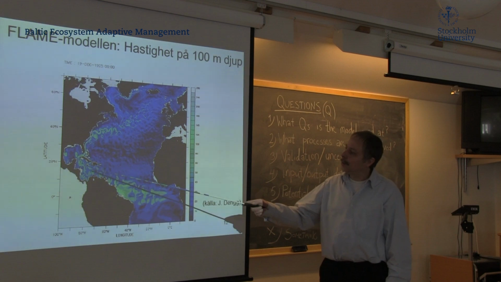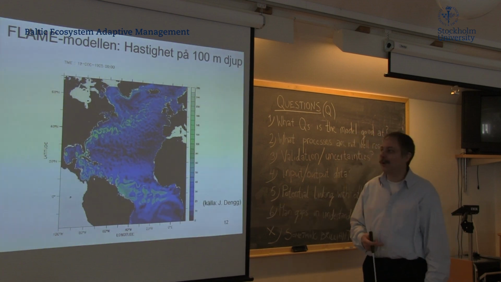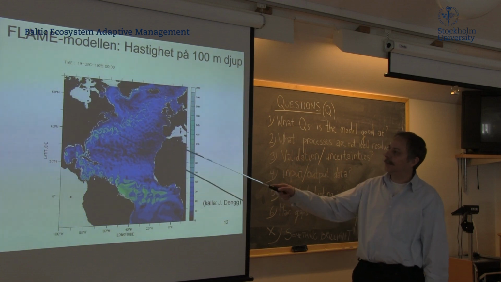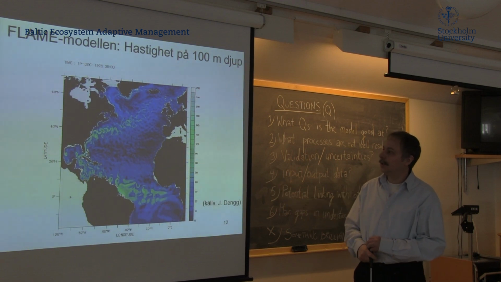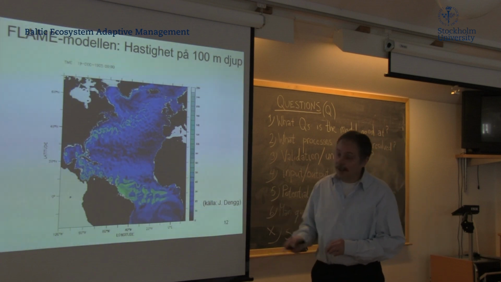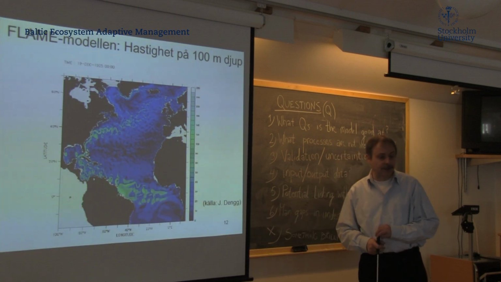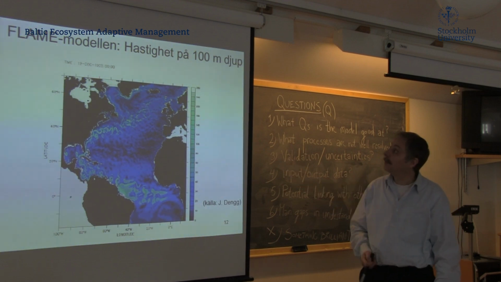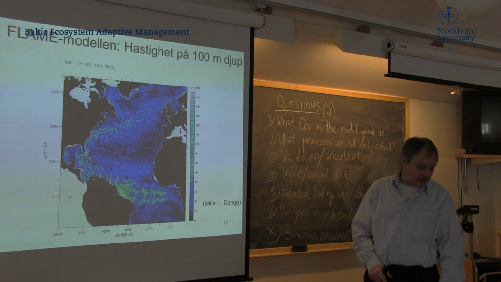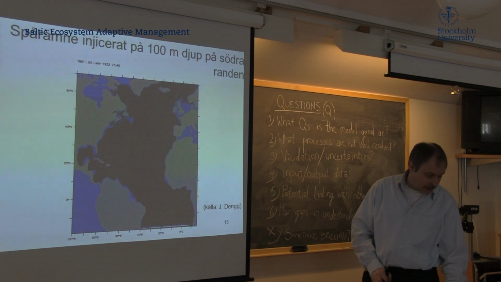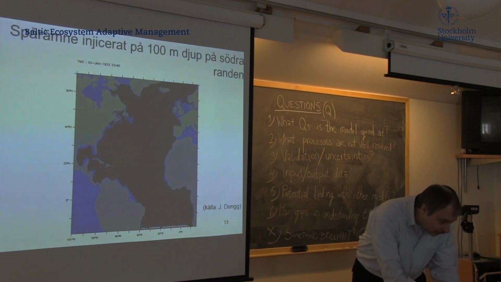And you can argue, okay, maybe I do not need this in my model. But studies have shown that the horizontal eddy transport is for some processes quite important. So therefore, there is an aim to have an eddy resolving three-dimensional model like this one here from the FLAME model from the group in Germany and Kiel. You can also look in.